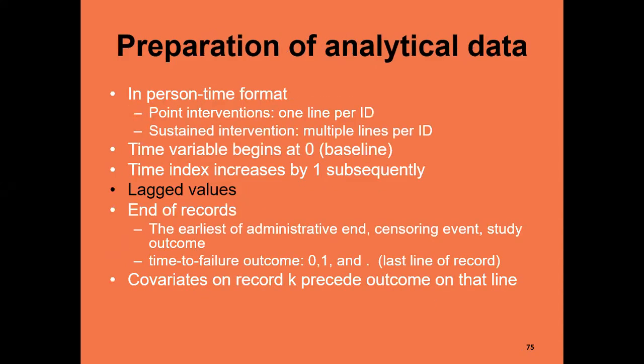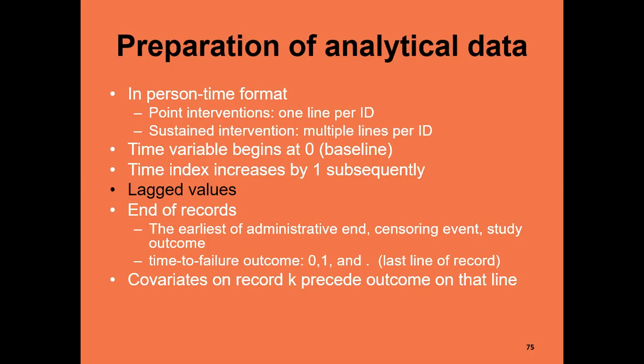Now, I want to get into the analysis of this case study, in which we use the parametric G-formula approach. Before we get into the analysis, I want to go through a little bit about how we prepare analytical data to get the data ready for analysis, which is hard work. We want to make sure that data is formatted in person-time format, so the time variable begins at time 0, and the time index is increased by 1 subsequently.